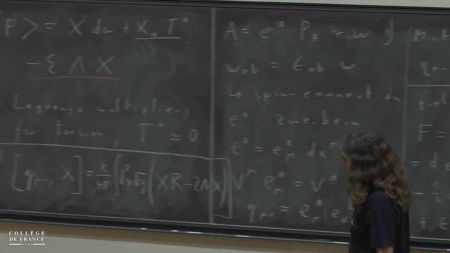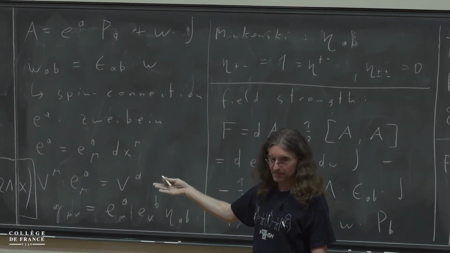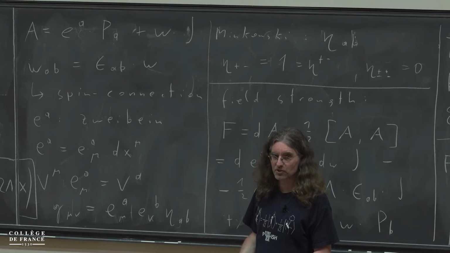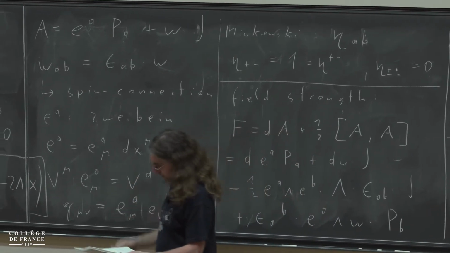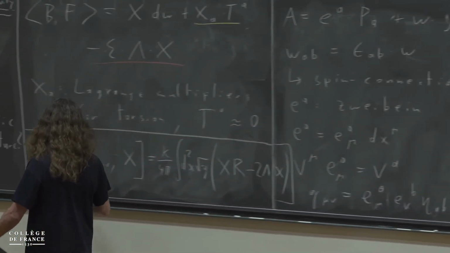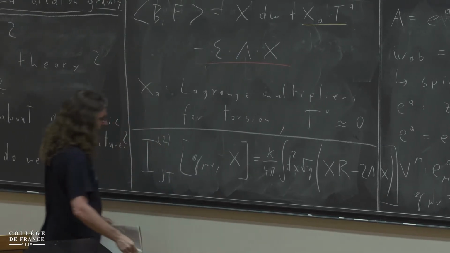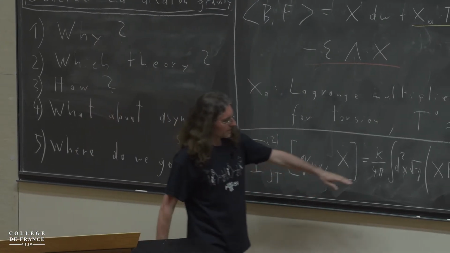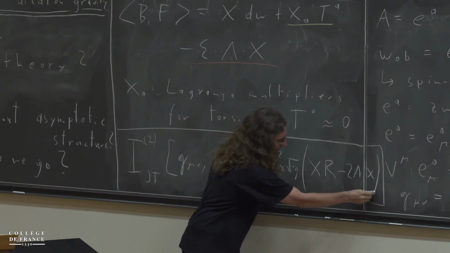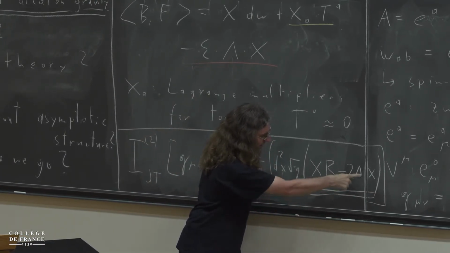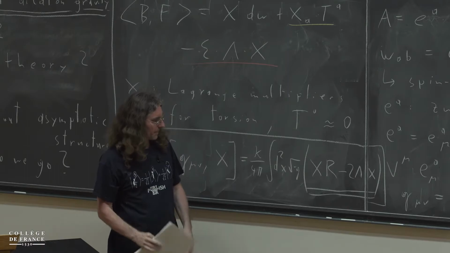And that action was the first two-dimensional gravity theory that was considered in the literature and is known as the Jackiw-Teitelboim model. So I call this action JT. It has a Lagrangian that is just given by x times R minus 2 lambda times x.